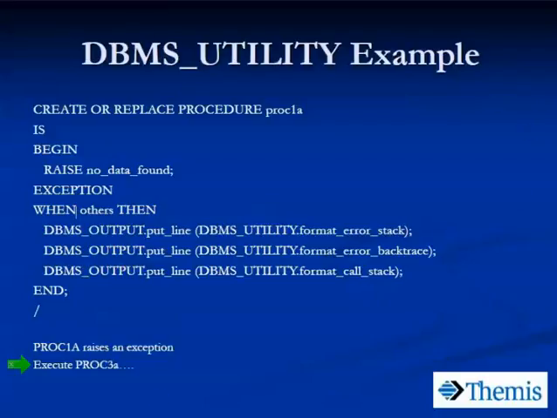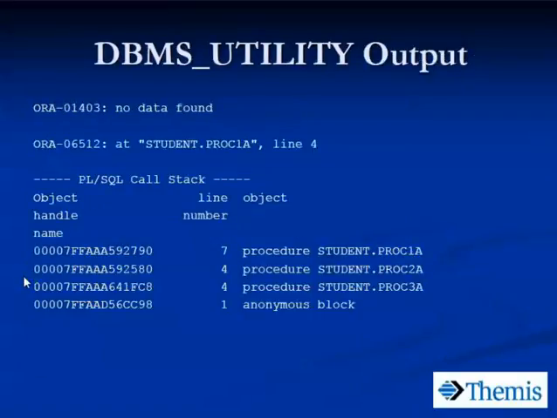Okay, now if we look at the output of what we see here, here's our 3 pieces of code that's going to give us our output. If we look at that, here's what we end up with. So the first one up here at the top, this is the result of the format error stack.